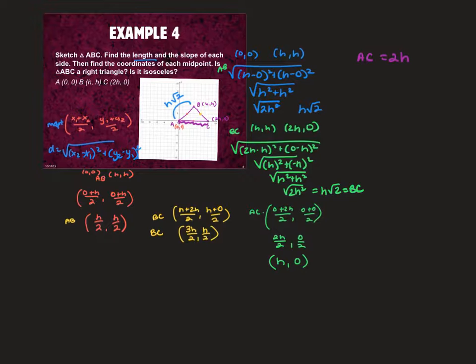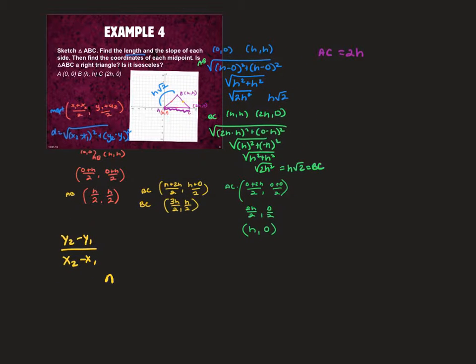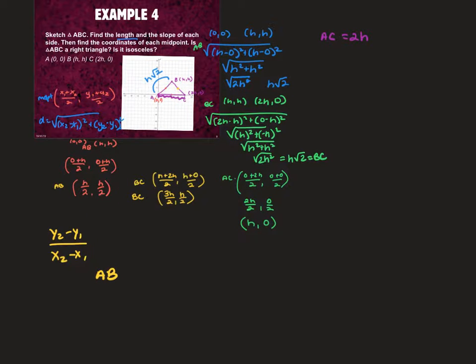Then it asks for the slope of each side. So remember, slope is rise over run, or y2 minus y1 over x2 minus x1. So the slope of AB could be rise over run, or find that slope using the equation H minus 0 over H minus 0, which is H over H, or 1.